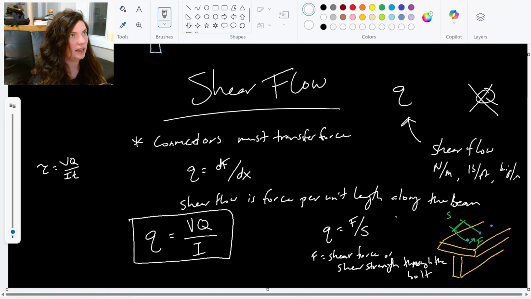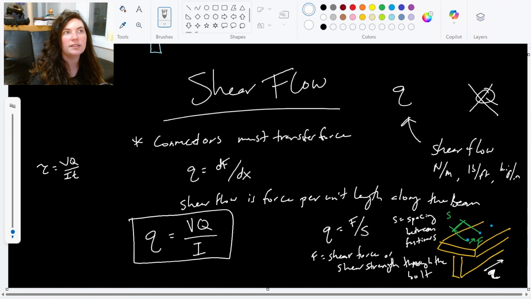And then s is the spacing between fasteners along the length of it, right? Because q is force per unit length.